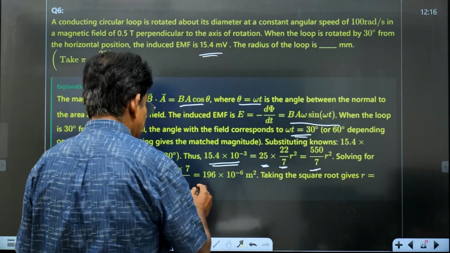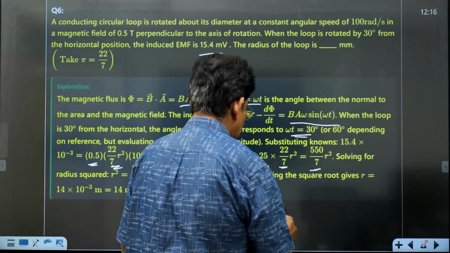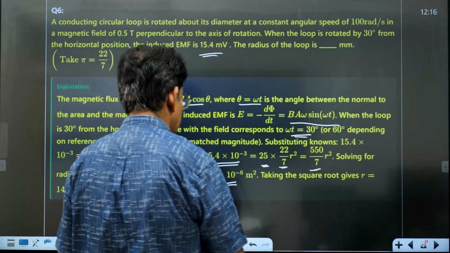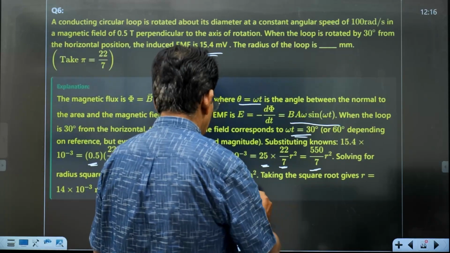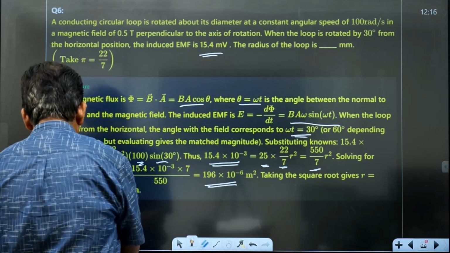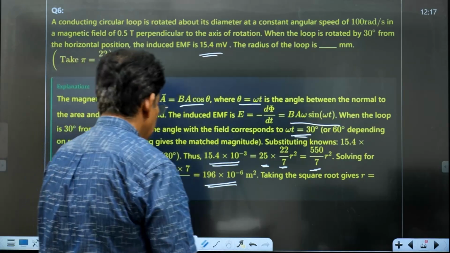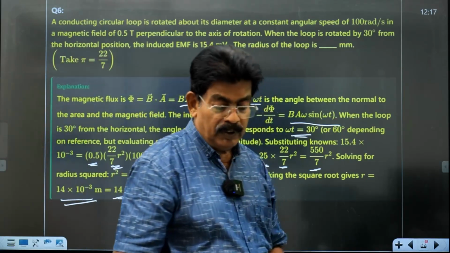Solving, the value of R squared is given to be 196 into 10 to the power of minus 3. Its root will be 14 into 10 to the power of minus 3, or 14 millimeter. Radius will be 14 millimeter.